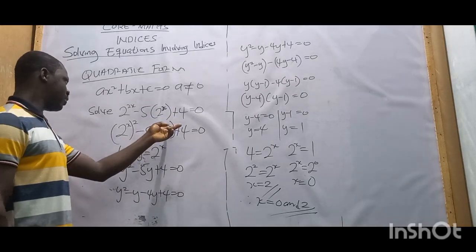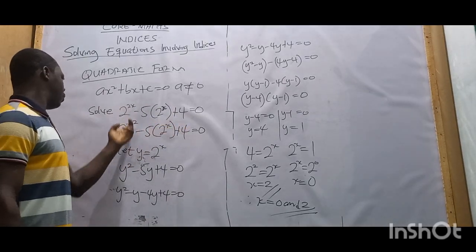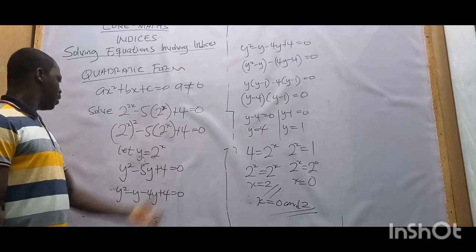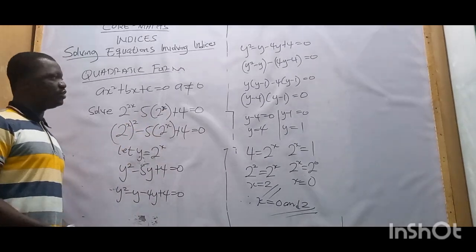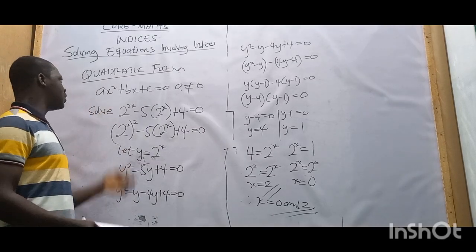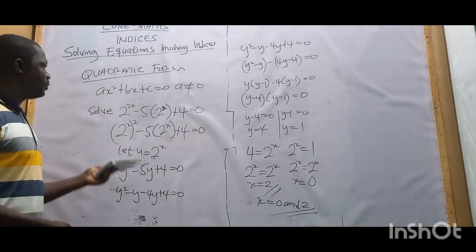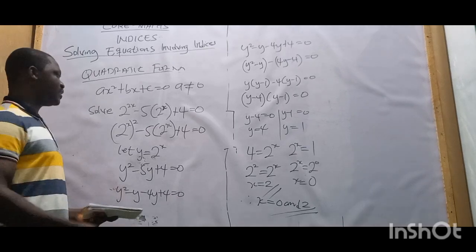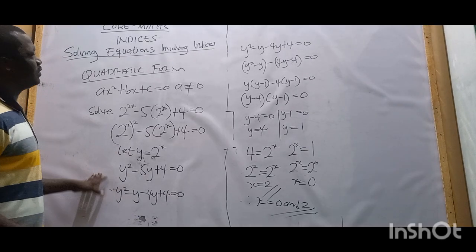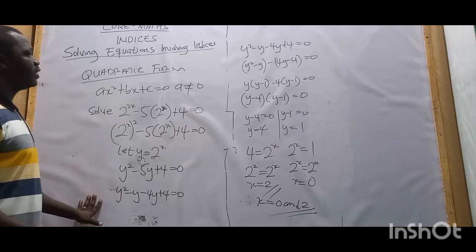So your target is to write it in that form, and you will have to manipulate it to get something like that. Then we proceed to solve. Due to time factor, I cannot take more examples, but I will drop other examples in the quadratic form in our subsequent lessons. It's very simple and very easy to understand.